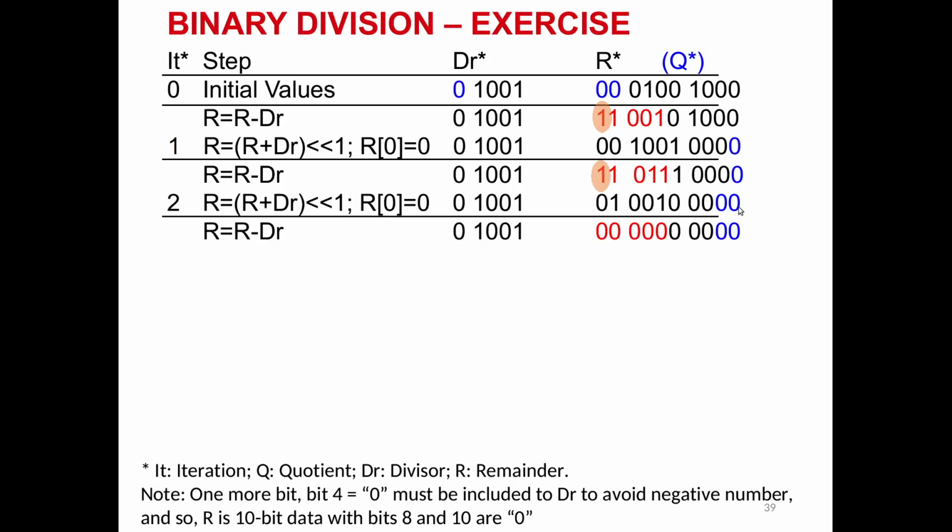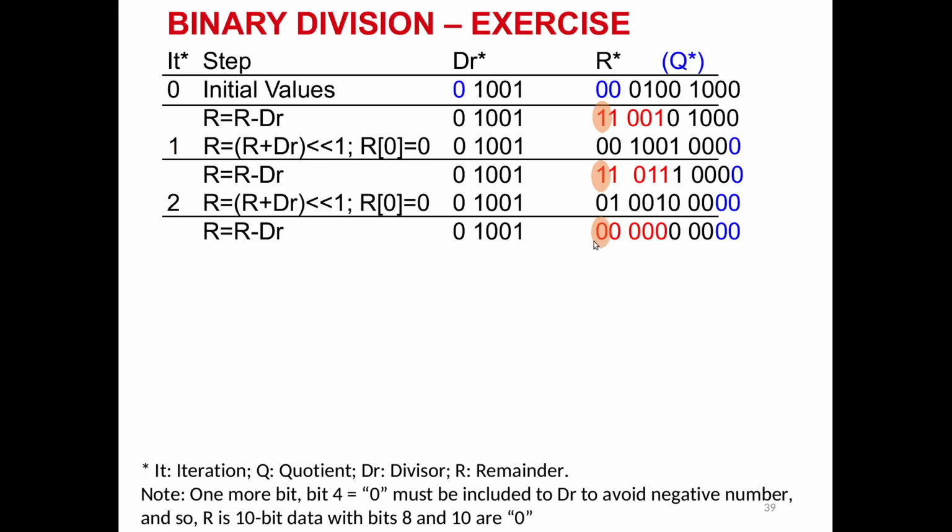To the third step, here you can see that the most significant bits of R, which is 0 1 0 0 1, equal DR here, 0 1 0 0 1, and so if we subtract them, we will have the value of 0 here.